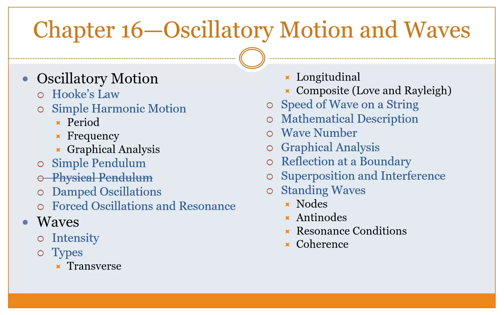The net force vector is equal to minus k delta x. It's linear and restoring. Linear because the force is proportional to how much you have moved away from equilibrium. Restoring because of that minus sign, so the direction of the force is in the opposite direction of the displacement. That is absolutely required for oscillatory motion.